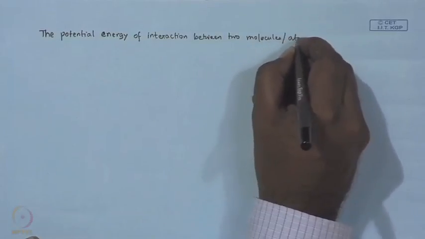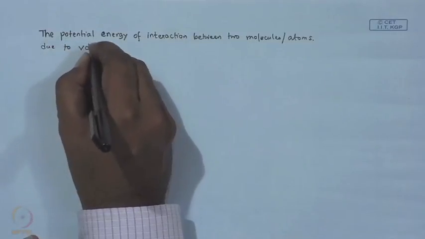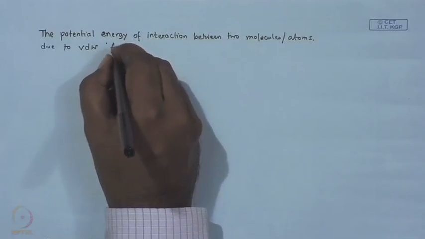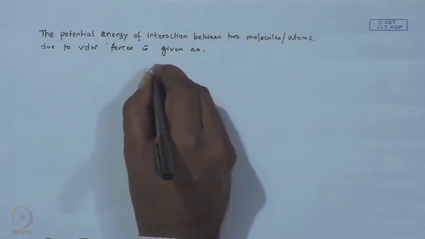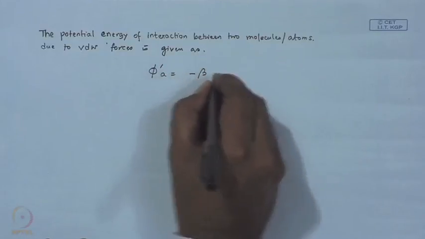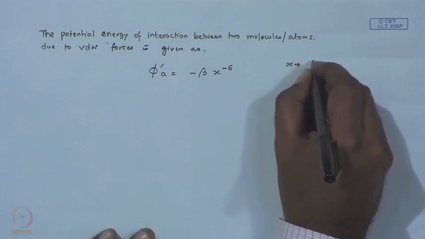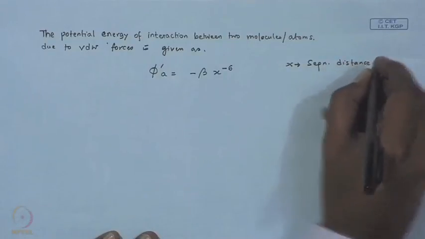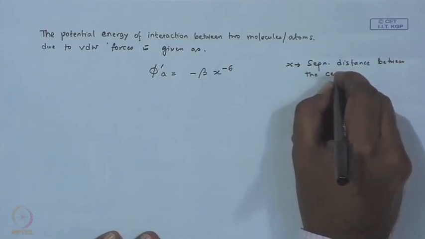or atoms due to induced dipole type or the dispersion force type van der Waals forces is given as... x is sort of you can regard as the separation distance between the centers.